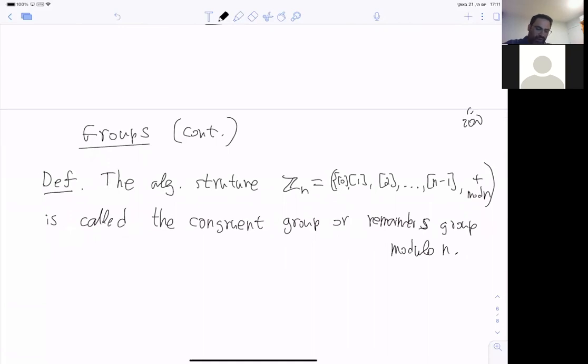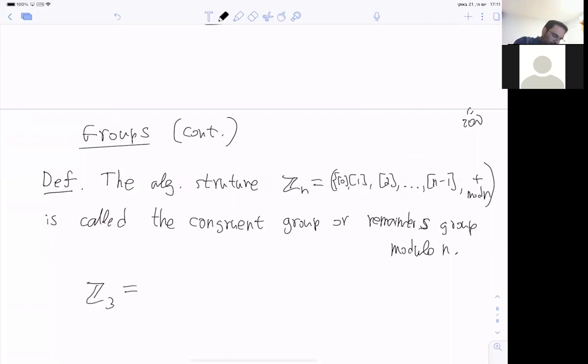We just take all integers, all elements in Z, and we look at the remainder when dividing, I mean, when taking out multiplicities of n. For example, what is Z3?